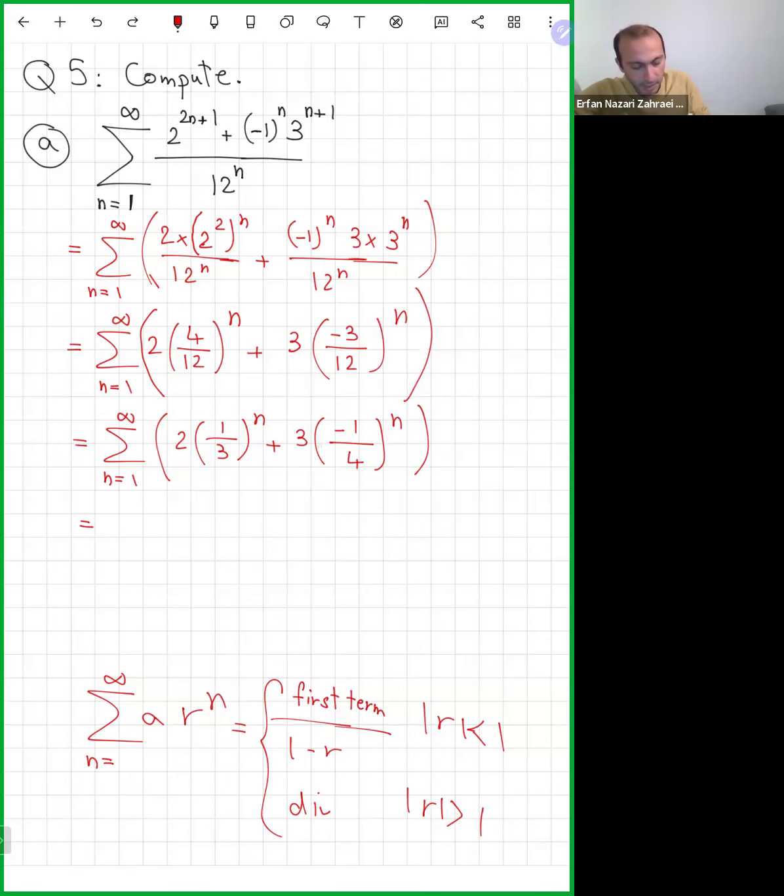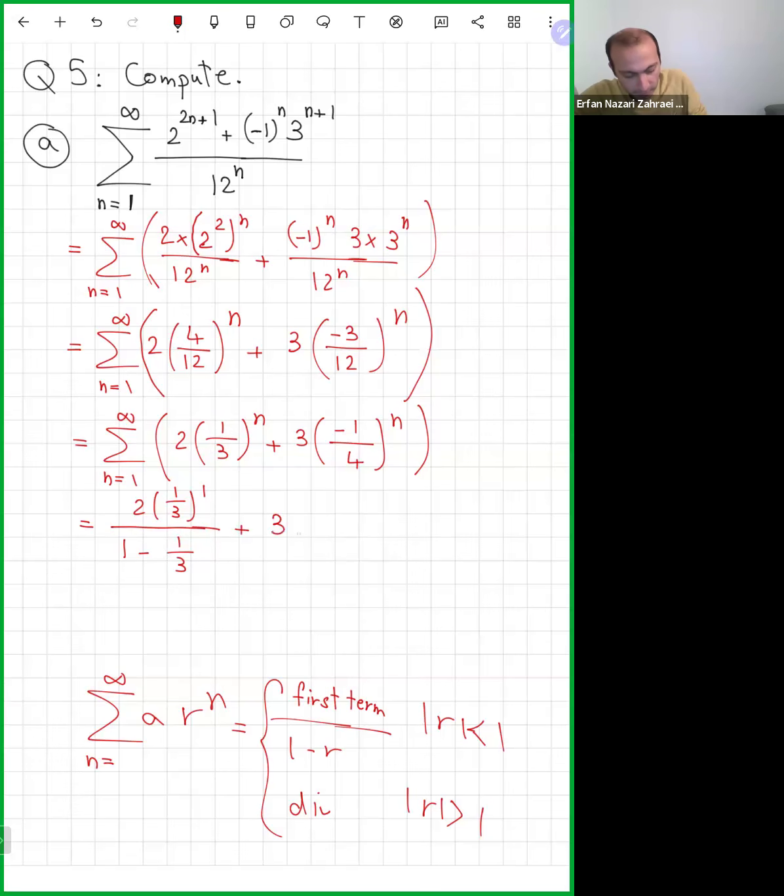So if I apply that for both of these two series, the first term of this series, note that n starts from 1, when you put 1 in this, you get 2 times 1 over 3, or 2 over 3. That's the first term of this series, over 1 minus the common ratio. The common ratio is 1 over 3.